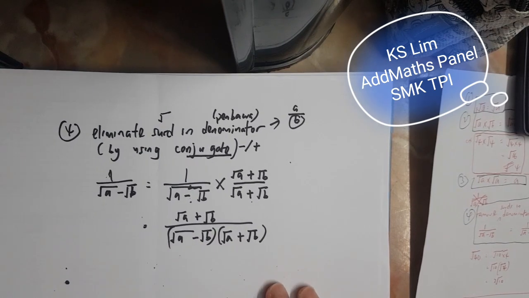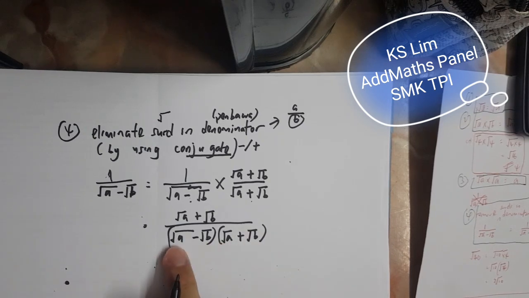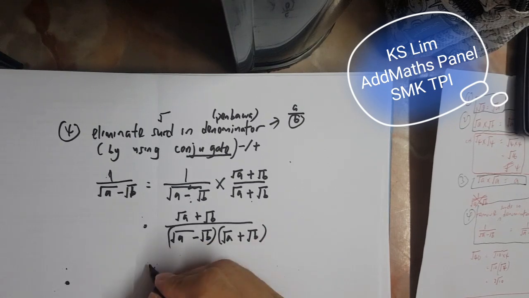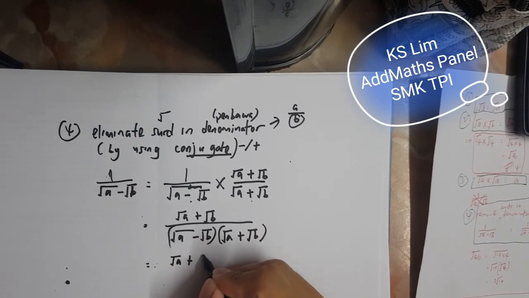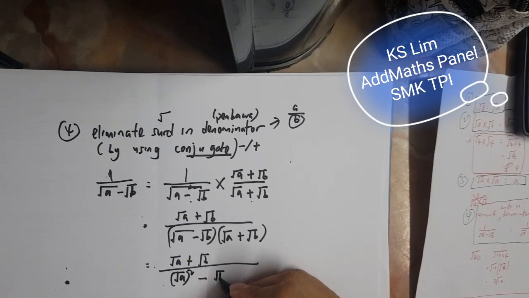Then you can see two brackets, one minus and one positive. This is the same element, and this is another same element. So what should we do? For the numerator, square root A plus square root B, just rewrite. But for the denominator, square root A squared minus square root B squared.